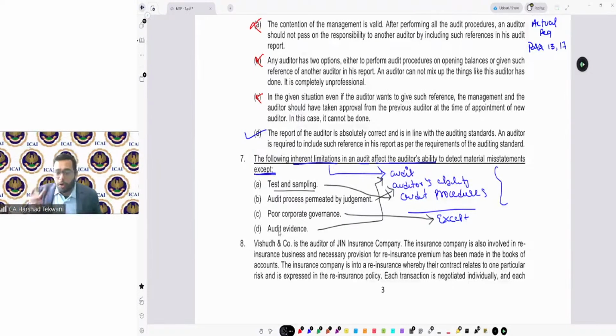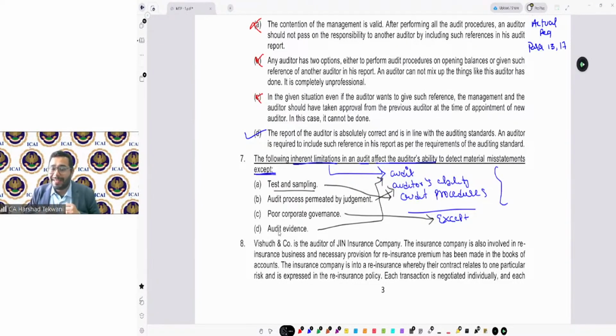Understand? That is the correlation-wise approach. Now, what is asked in the question? It asks which inherent limitation in an audit affects the auditor's ability to detect the material misstatement. If there is an inherent limitation with testing and sampling, yes, it will affect the auditor's ability.